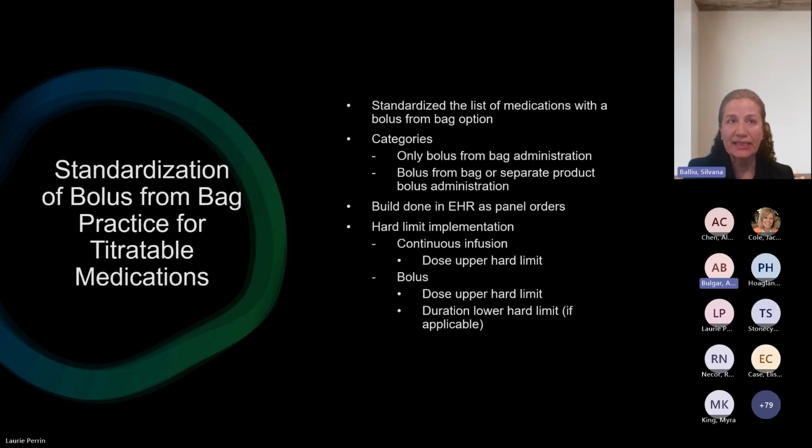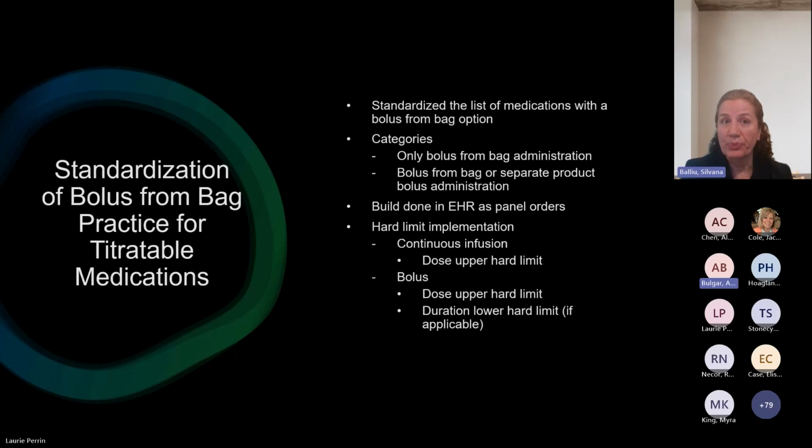So regarding the guidelines that we have in place for any medication with a bolus from bag option, based on an ISMP study done in Canada, the bolus from bag practice is considered safe as long as there are hard limits in place for the continuous infusion and the bolus dose to minimize inappropriate and incorrect programming of the bolus dose.